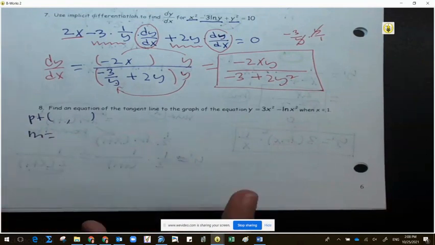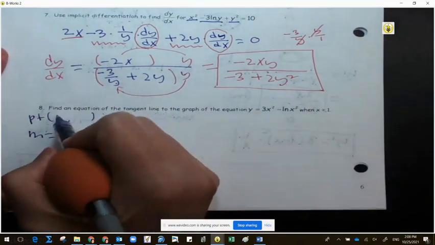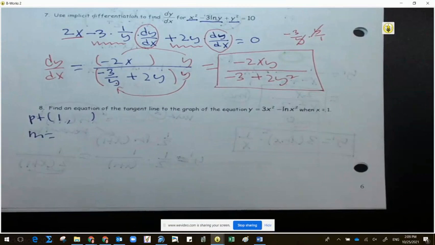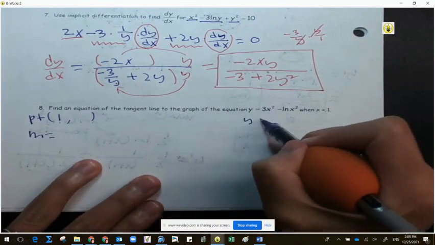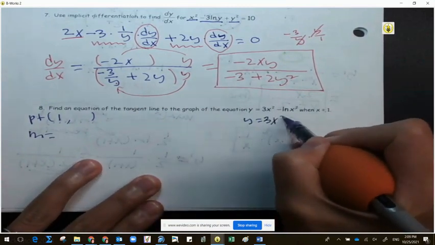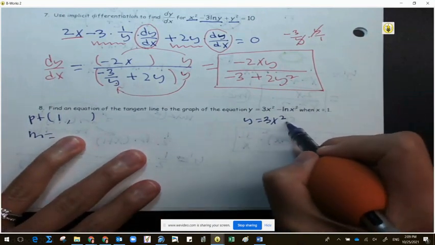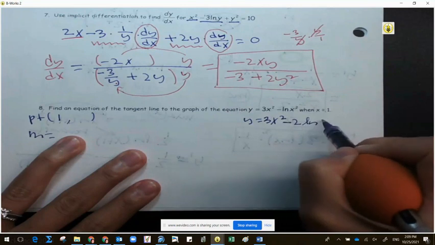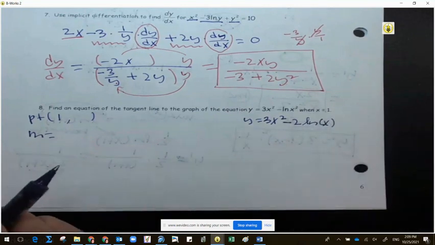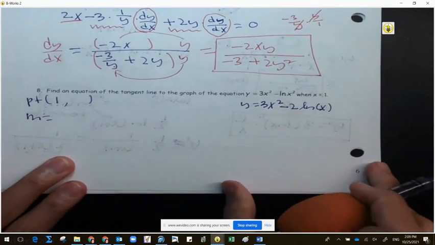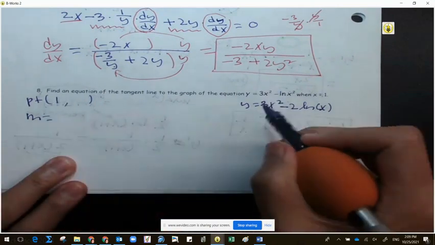So what do I know about the point that is given so far? x equals 1. And then let's rewrite this piece. y is equal to 3x squared, and according to our first page on the top half, it was minus 2 natural log of x. I'm just rewriting it. Nothing really changed. So now I'm going to plug in the 1.